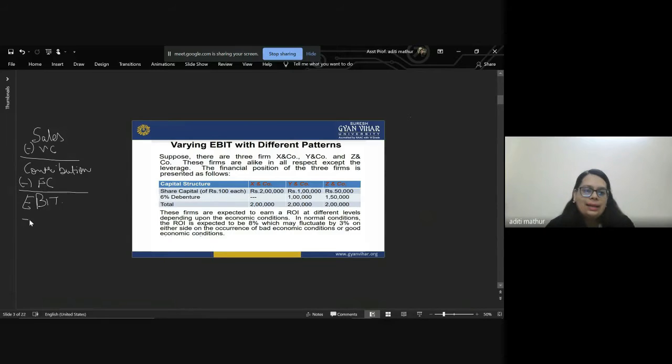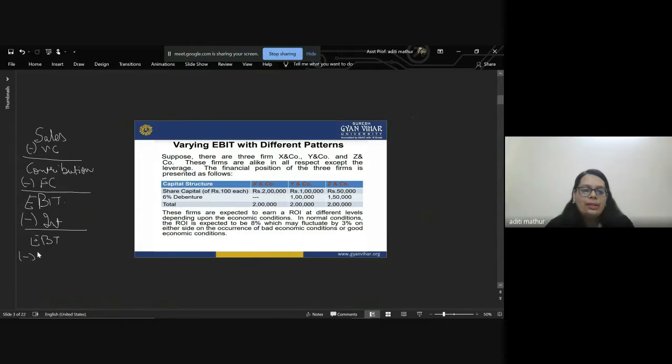From the EBIT, we first pay our interest element, we get EBT, then we deduct the tax, and we say that we have arrived at EAT.